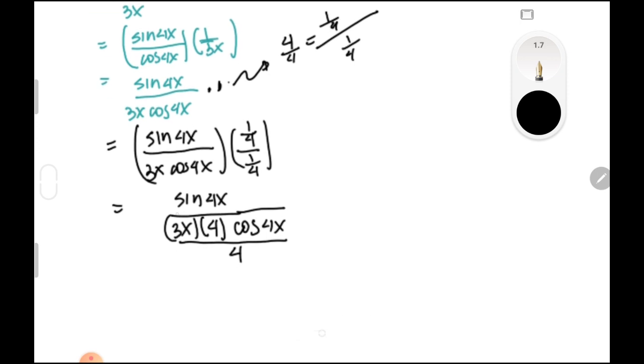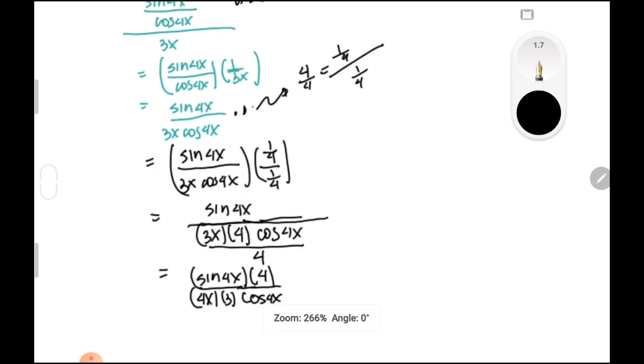So therefore, by further manipulation of this equation, you will see that we have sine 4x, so rearrange ko lang, divided by 4x multiplied by 3, so multiplied by cosine 4x. So itong divided by 4 tatasan natin, so multiplied by 4, right?